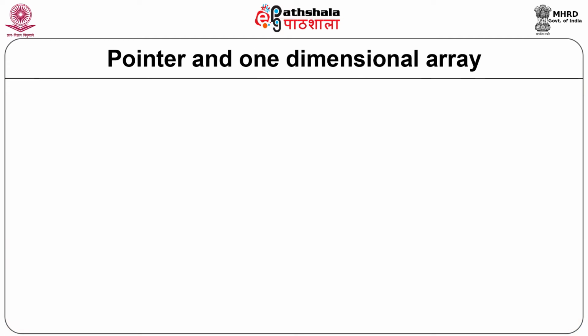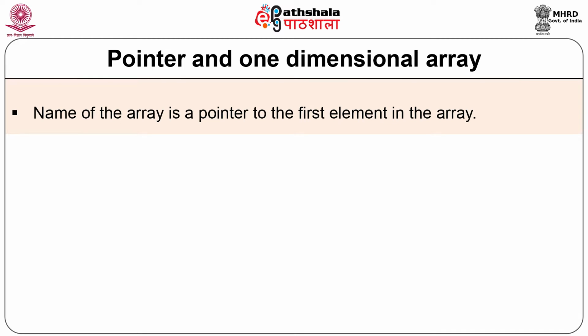As we have seen how to find out the memory address of arrays and pointers, now we will go for the difference between pointer and one-dimensional array. The name of the array is a pointer to the first element in the array.